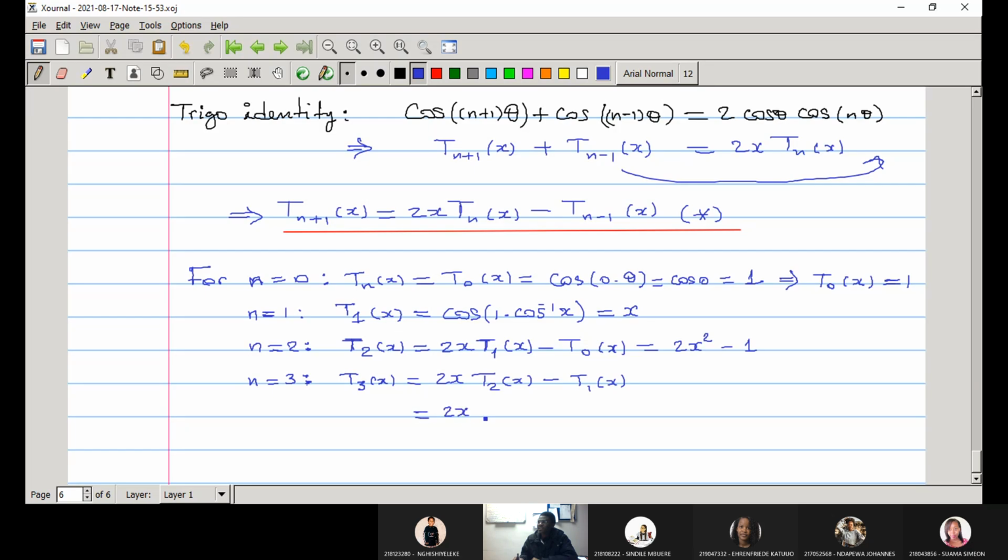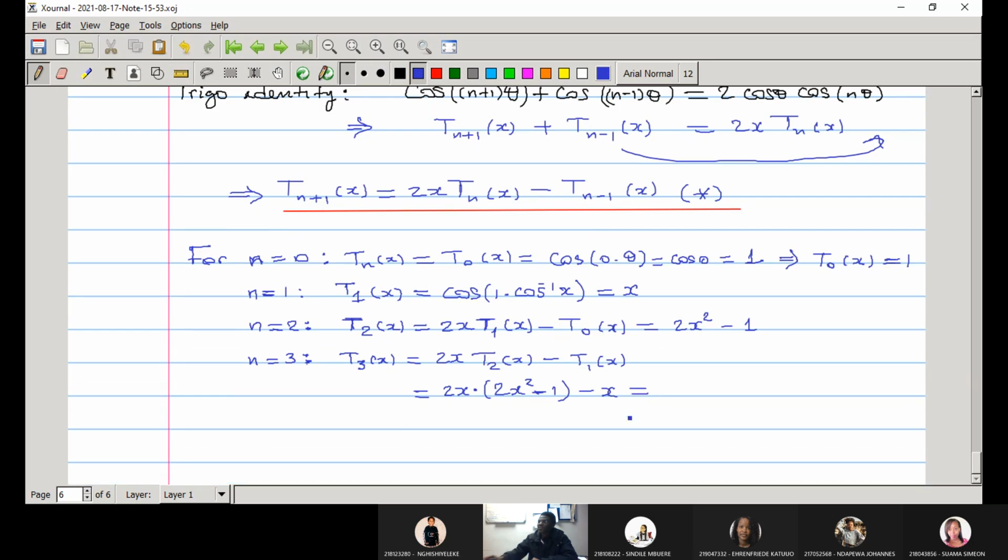That would be 2x times (2x squared minus 1) minus this one, which is x. If we expand, it gives us 4x cubed minus 3x. So you can see that n is 3, the degree is 3.